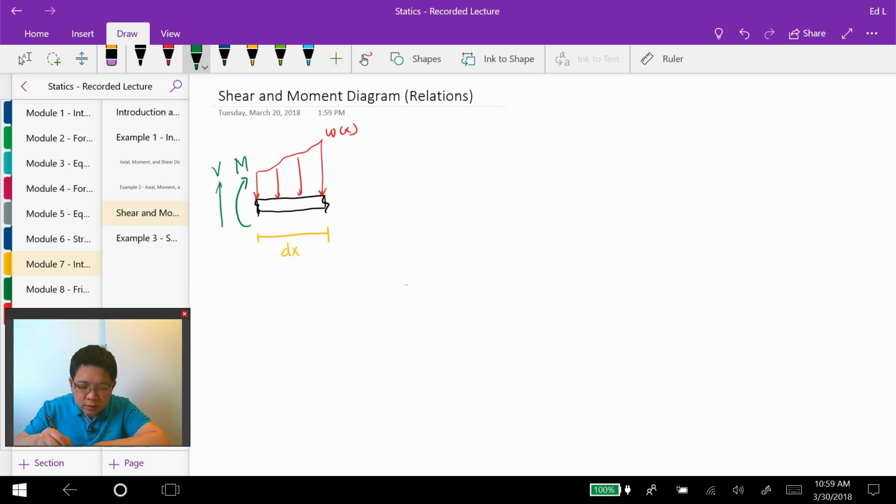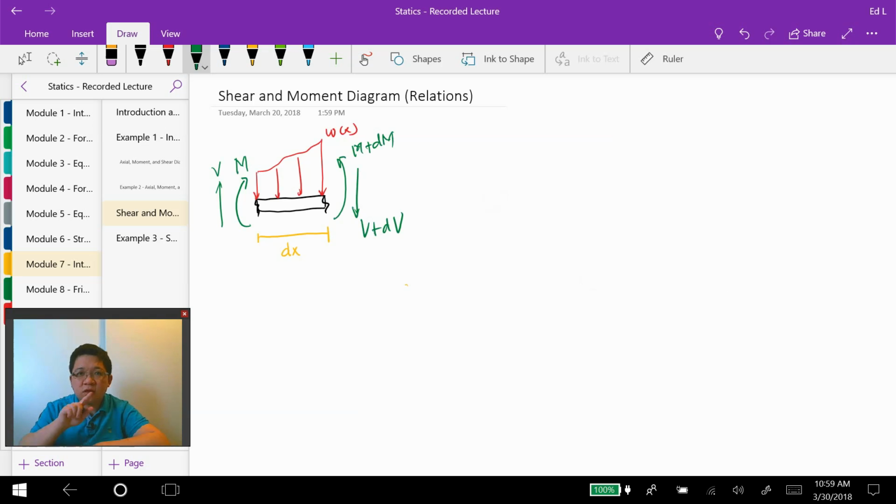We can draw the internal forces on the right end of the section as M plus dM and V plus dV.